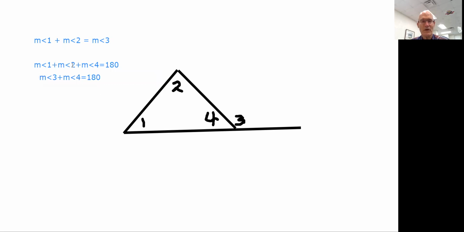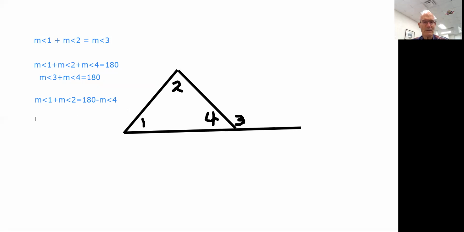So if I subtract the measure of angle 4 from both sides, I get the measure of angle 1 plus the measure of angle 2 equals 180 minus the measure of angle 4. And then below it, for the other one, I get the measure of angle 3 equals 180 minus the measure of angle 4.